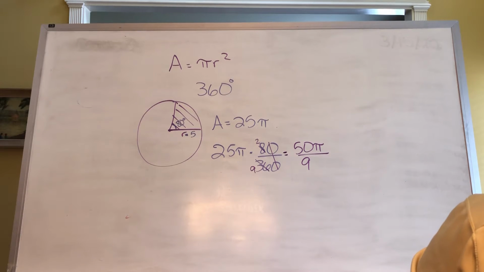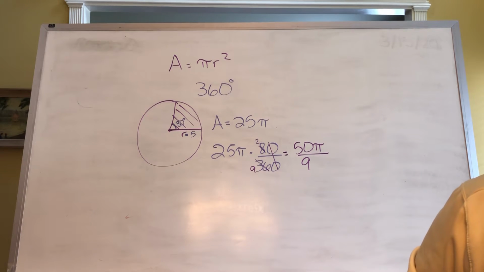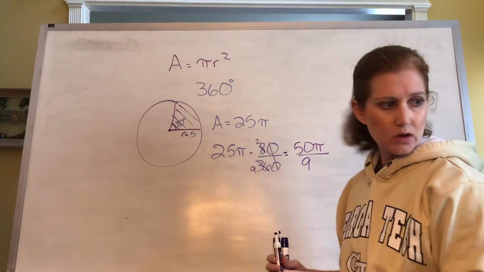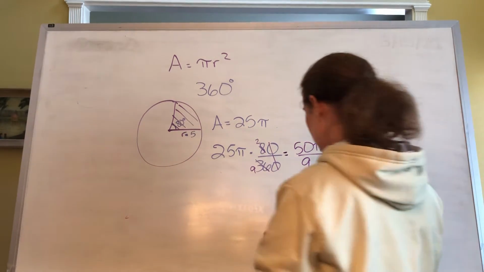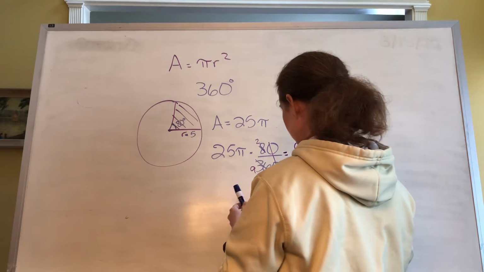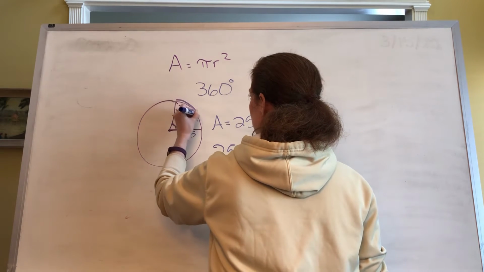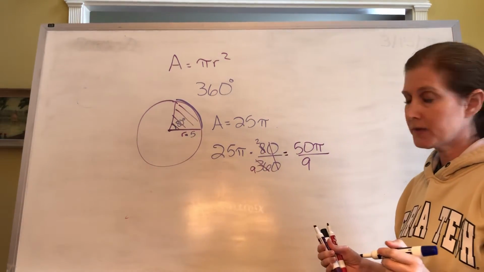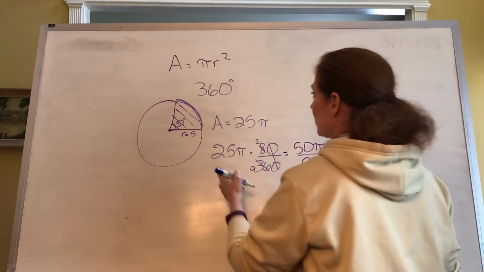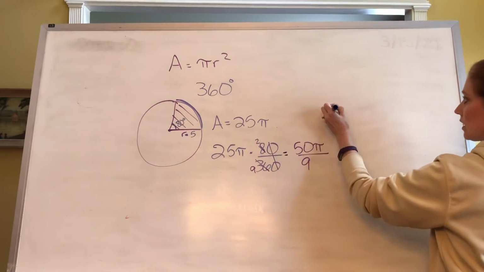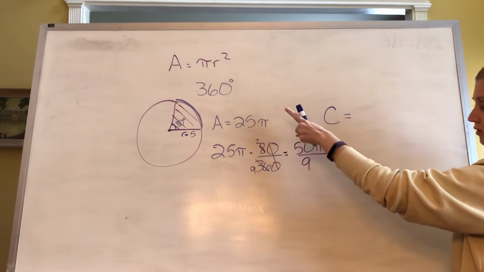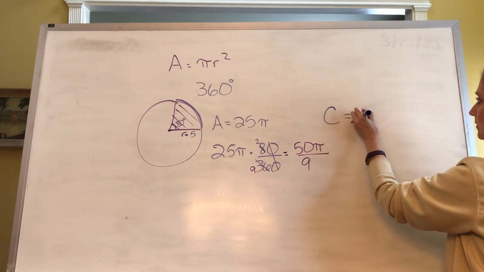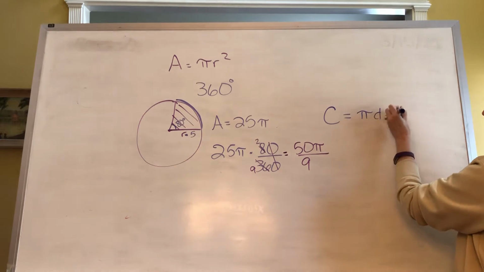The last thing we need to talk about is, that was the sector. So we need to do arcs. An arc is the same thing. It's just looking at this portion of the circumference. And so you're going to do the same thing where the circumference of that whole circle is pi d, so it would be 10 pi.